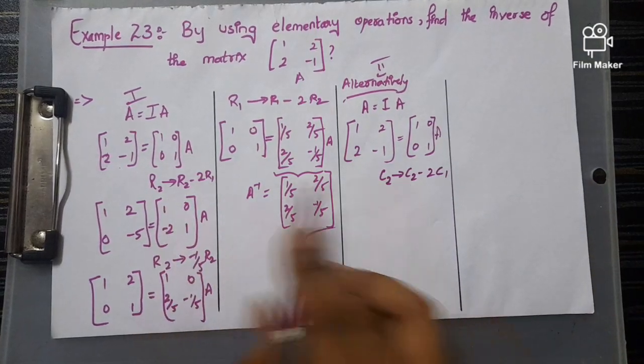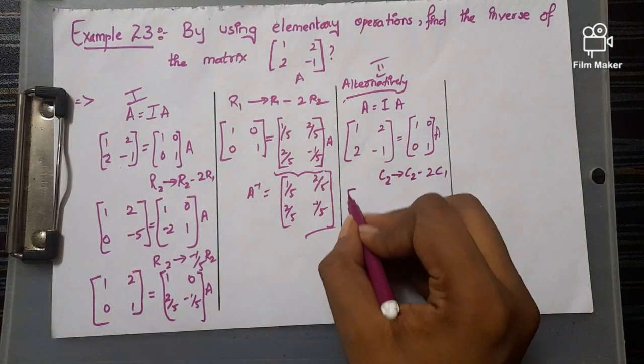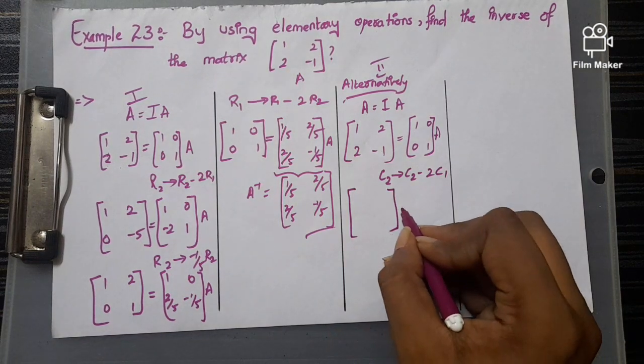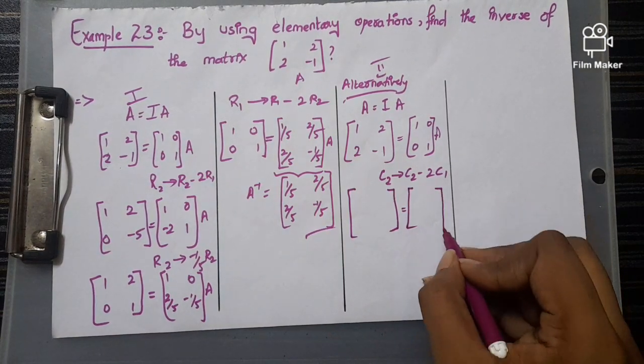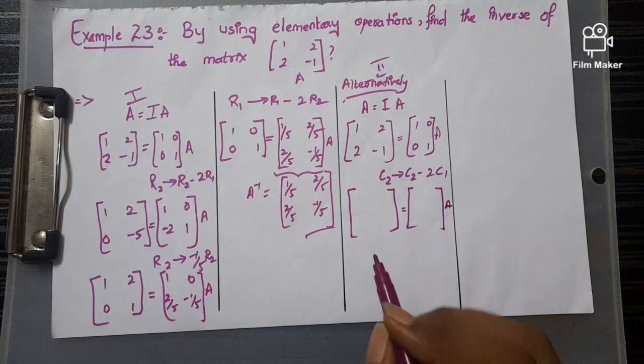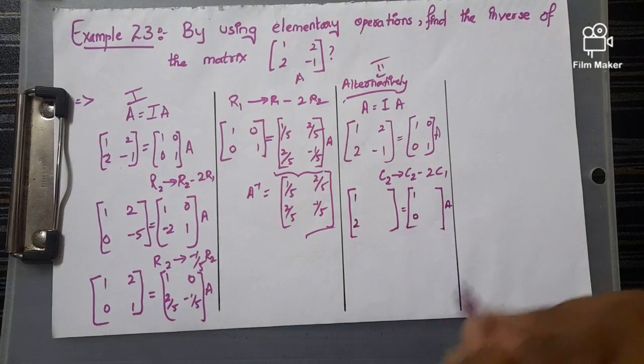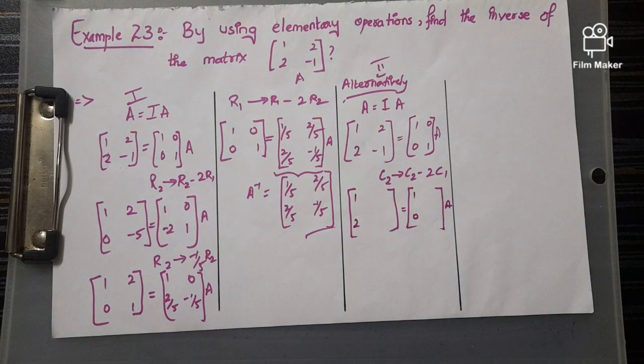Here it is the same process, but instead of R2 and R1 we use C2 and C1, right? When you change like this, what will be your result? Change C2, so C1 remains the same. This is the most important point: C1 remains the same.